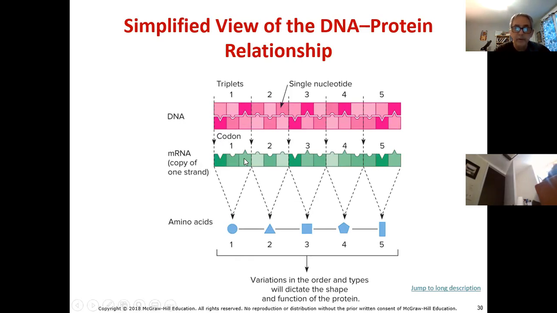Each triplet of nucleotides equals an amino acid. And it also determines the order of the amino acids. So if this codon represents this circle, that's going to be the first amino acid, second, and so on.